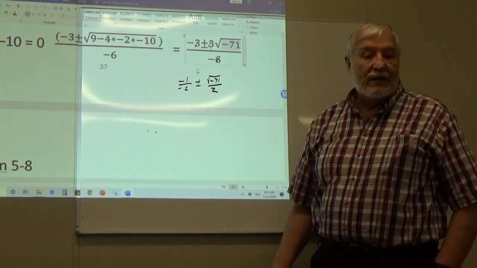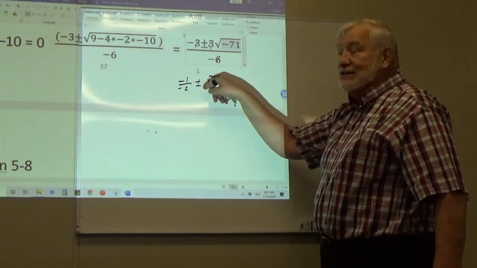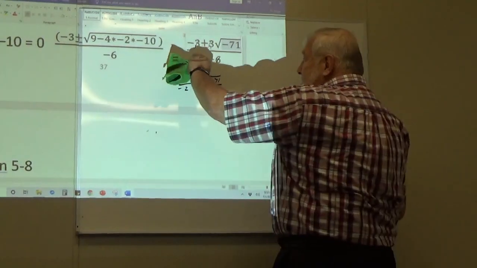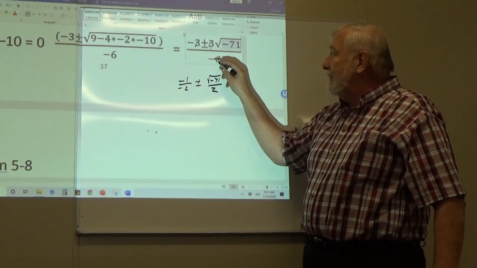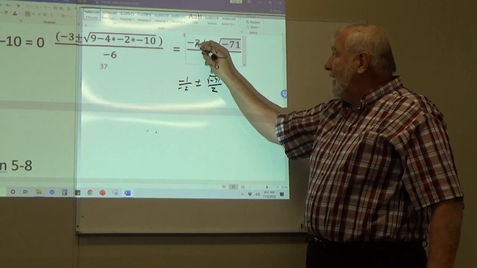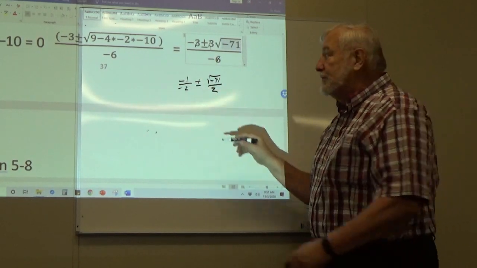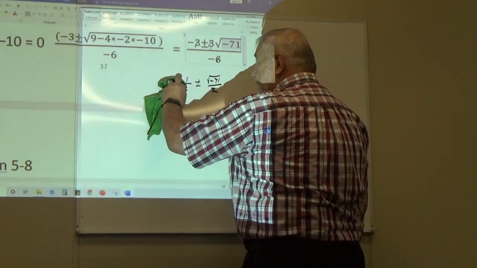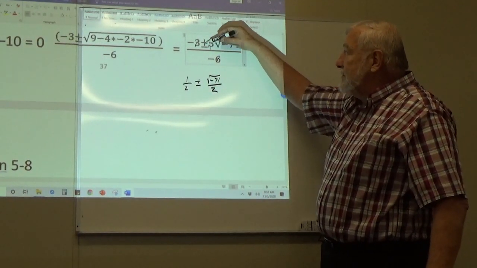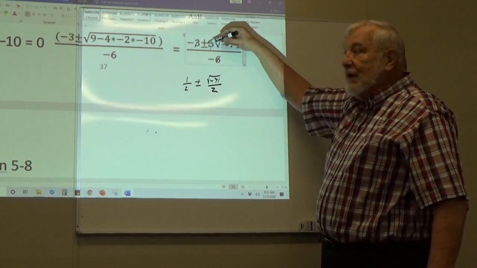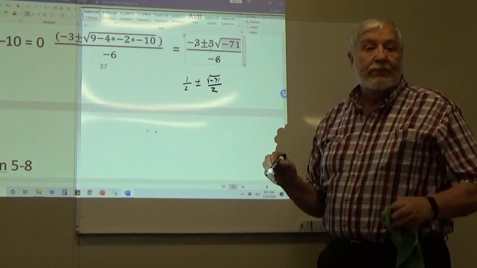My computer program that I use to write these actually has both of them. Okay, but I said that to say that the negative in here, negative 3 over negative 6 is going to produce positive 1/2. But on this side, all the negative is going to do is flip these plus and minuses, so it'll still be the square root of 71.